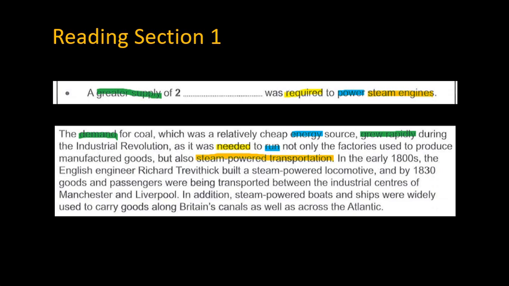Required, needed, to power, to run. Power can also be energy, so we know we're in the right place, but here power is a verb, so to run is the direct synonym. Steam engines, steam-powered transportation. Okay, so what do they need? What is the fuel that is mentioned here? Coal is the answer. So number 2, coal.